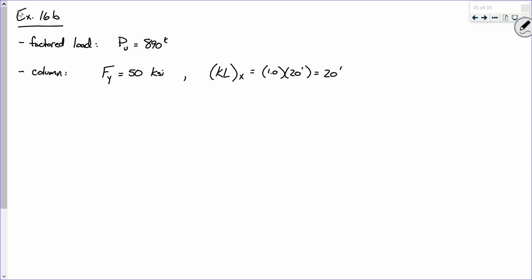So if that's for the x direction, for the y direction, it's 1 times what? 8. Remember, that's the center segment. Sound good?